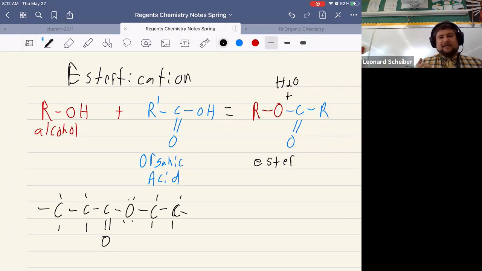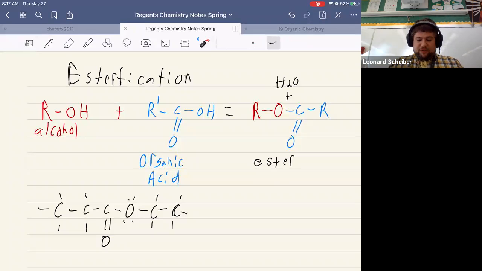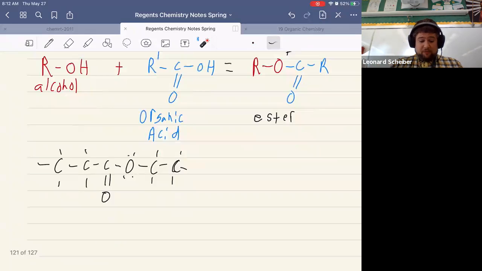We know that this is an ester, and we know this ester came from an alcohol and an organic acid. And the trick here, if we look up here, we notice that this C double bonded O and the next C that it's connected to, that's always coming from the organic acid. So I'm going to look here and I'm going to see this C double bonded O to C. That's my organic acid. And I see that inside of my organic acid, there's going to be 1, 2, 3 carbons.